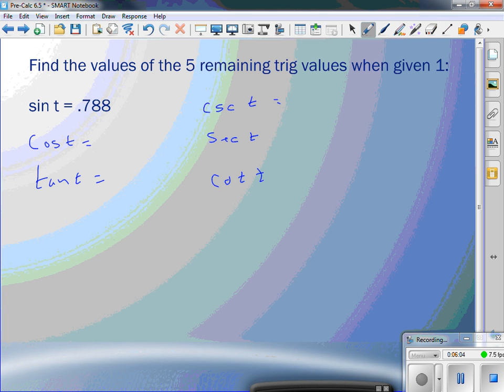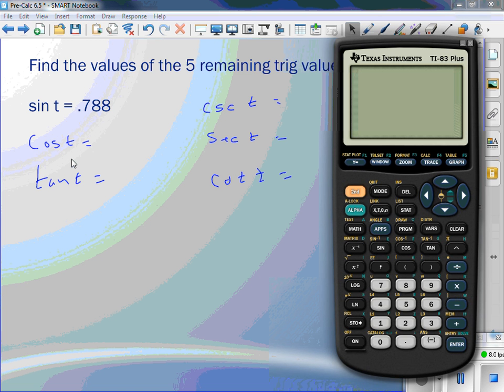What do I need in order to find all of these? What's the one thing I need to be able to put in all of these? How do I put these in the calculator? How can I find the cosine of t? What do I need to know in order to find the cosine of t? I need to know what t is.